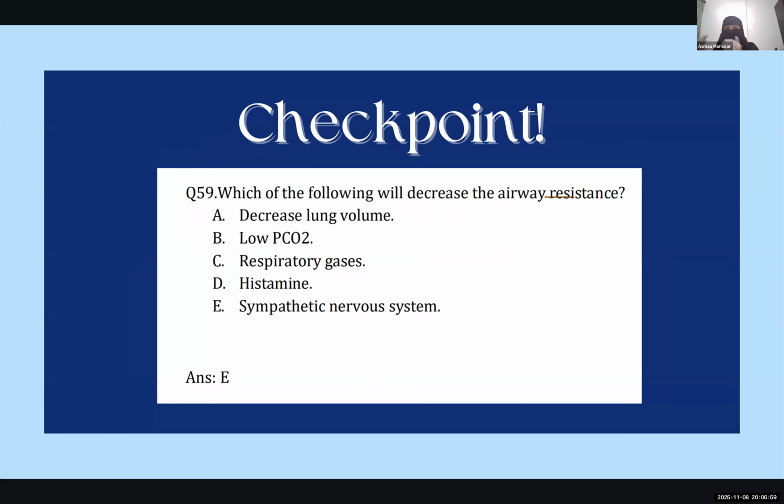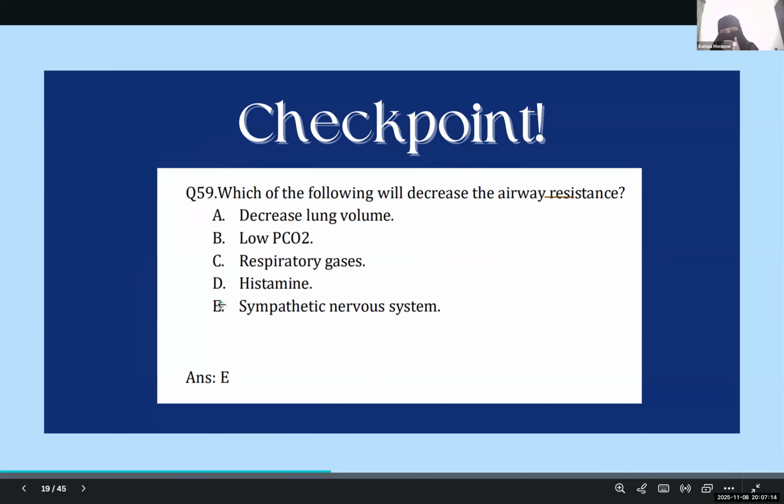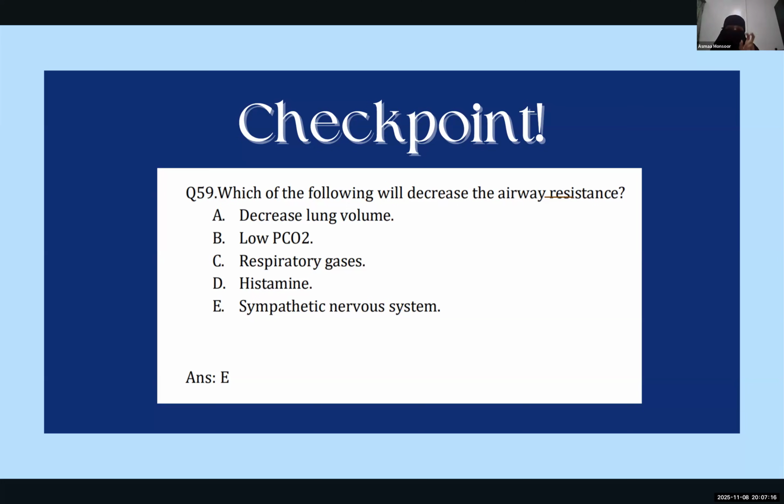Or if there's less carbon dioxide partial pressure, that means there's already more gas exchange going on in that place, so there is increased resistance. And the third thing, which is option D, histamine: when there's histamine release, for example in asthmatic patients, there is increased resistance. So that is why the answer is E over here.